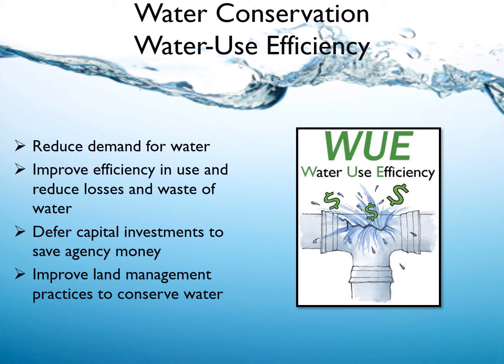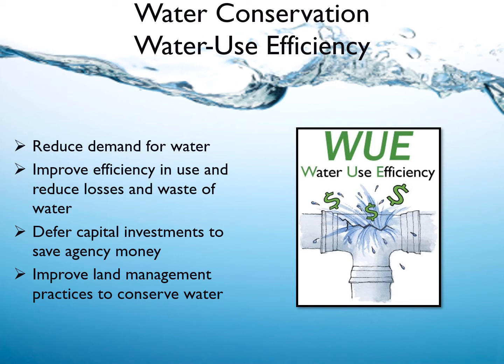So the primary focus is to reduce demand for water. There's supply side and demand side, and we're going to talk about that a little bit later, but it's important to remember that supply side is really the more traditional approach to water. It's all about bringing more water to wherever the people are.